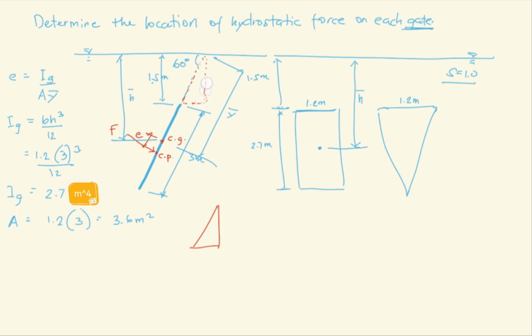This is 1.5 and this is 60. You have to determine this, and so we can do that by the sine function. So sine 60 degrees equals 1.5 divided by question mark.